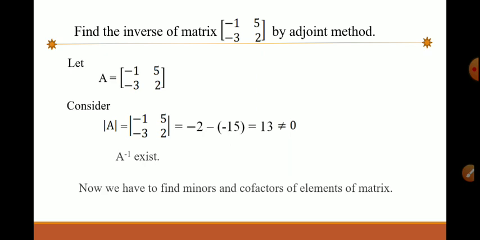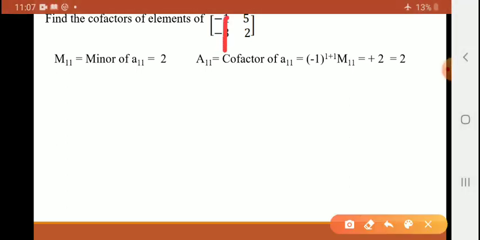Now we have to calculate minors and cofactors of elements of this matrix. Minor of A11, the first element: delete its row and column, so we get 2. So minor M11 is 2.